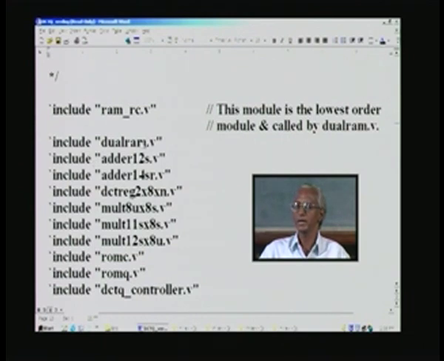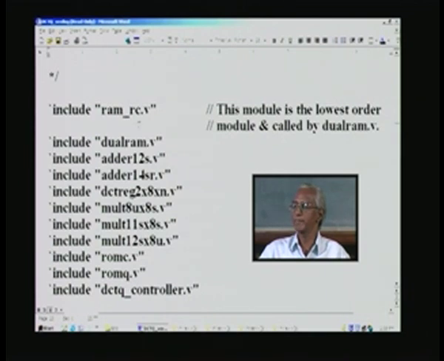Like that we went on from bottom to top, and now what we see is the top design file, and DCTQ.v is the top design file which we are seeing right now. It will merely invoke different modules or submodules down the hierarchy, and here what is included are precisely those modules.